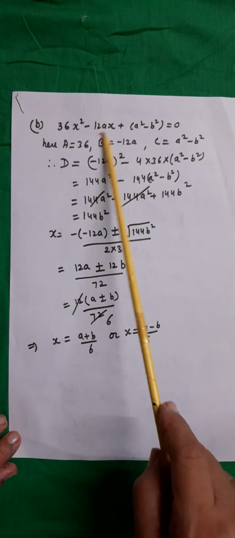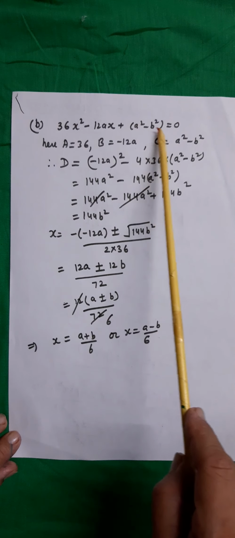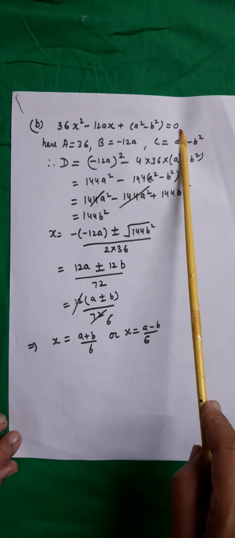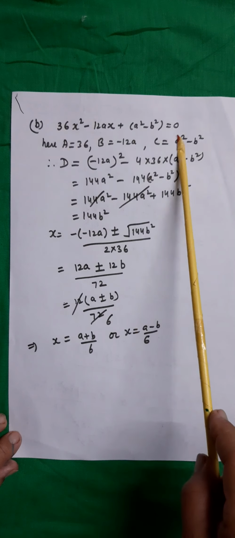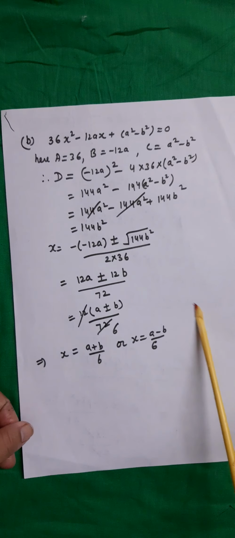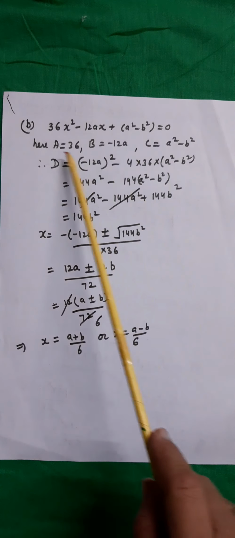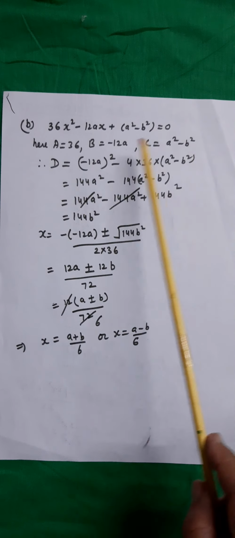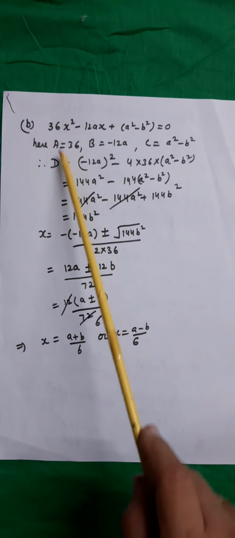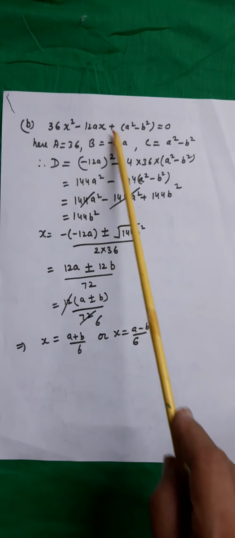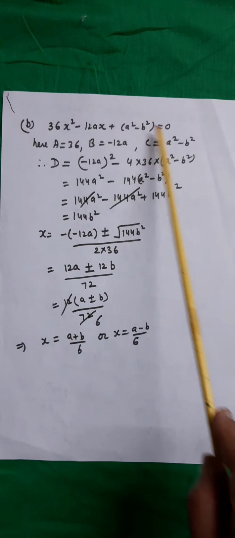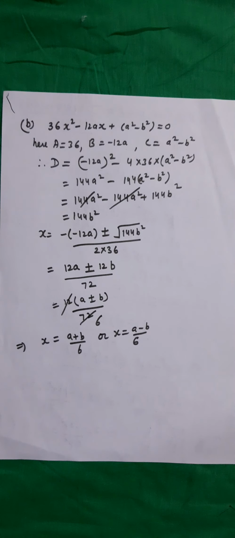36x² − 12ax + a² − b² = 0. For solving these questions, you notice that the discriminant method is very suitable. Again find out a, b and c. a is the coefficient of x², 36, b is −12a, and c is a² − b².